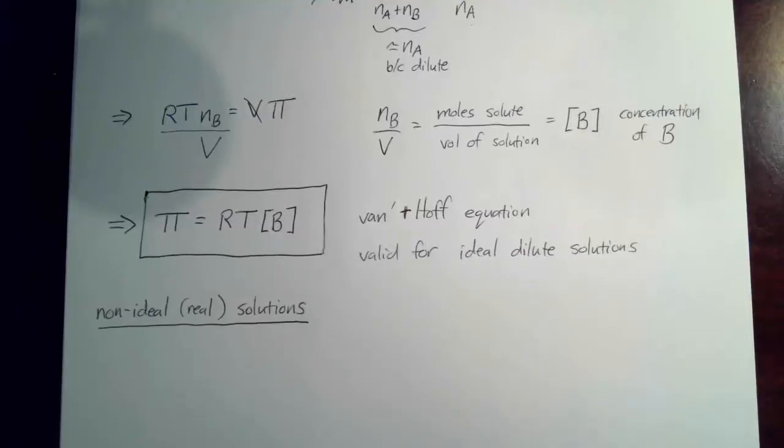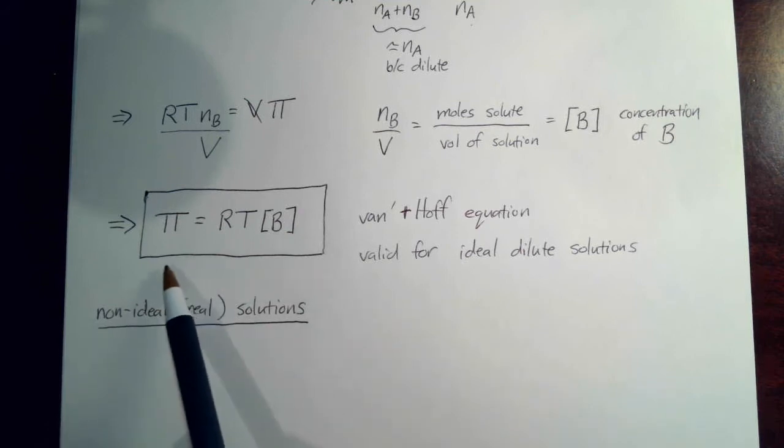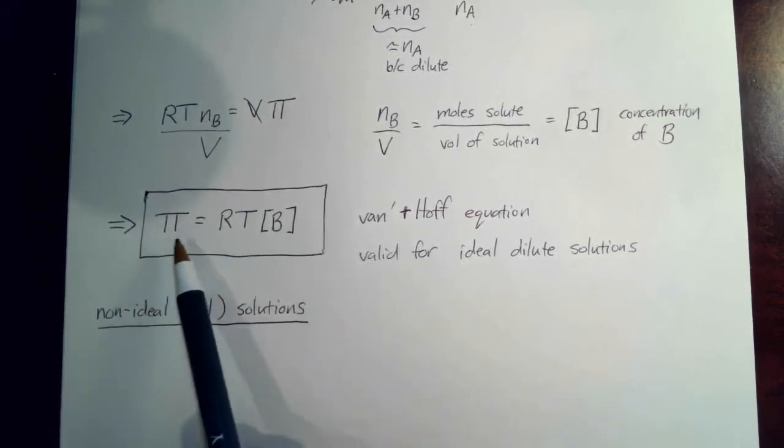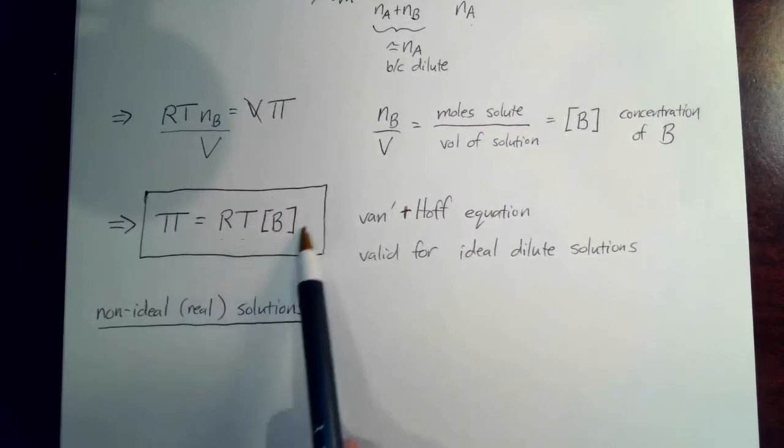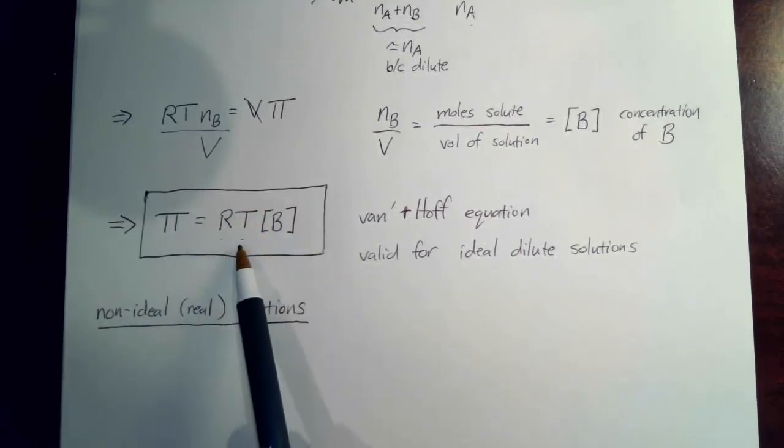Okay, now how about non-ideal, aka real solutions? So we're going to do like we did before when we were looking at the equation of state of gases. One of our equation of states was the virial equation of state, and what we did there is we assume, so we're going to use this process here, where we assume that this here is the first term in a power series expansion.